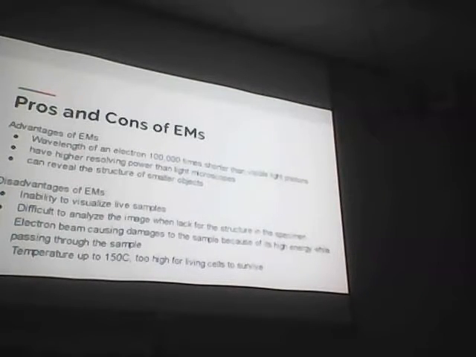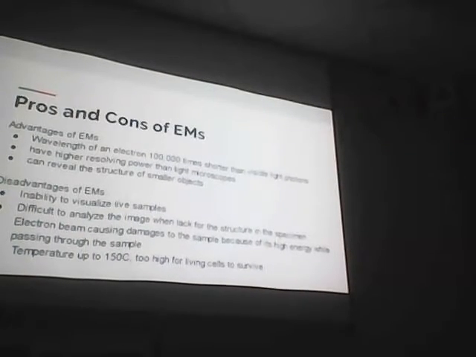You can see more, depending on the specimen you have. It can be not for biology but for physics, like some crystal that you can't see with a light microscope.